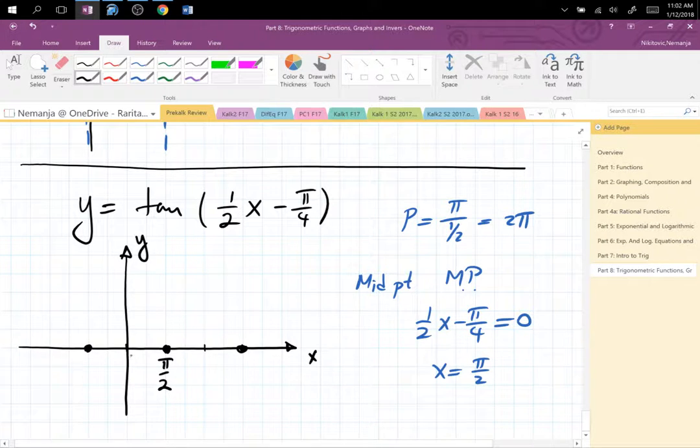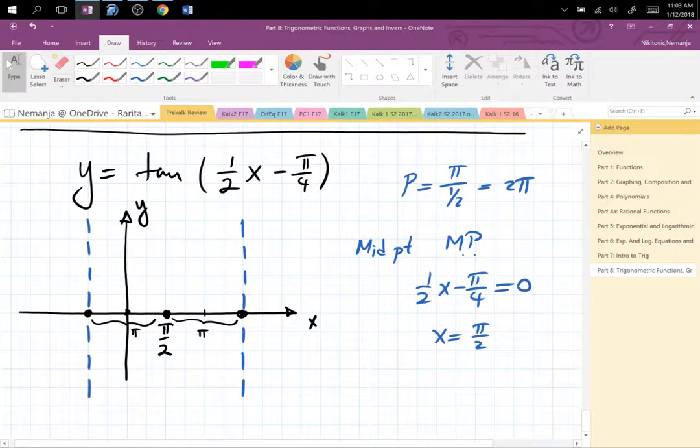See, if this is pi over 2 from 0 to pi over 2, then twice that distance is a pi. So this distance is pi, and this distance is pi, to give me my period of 2 pi. And this is where we strike our vertical asymptotes through these points that midpoint plus minus half a period gave.